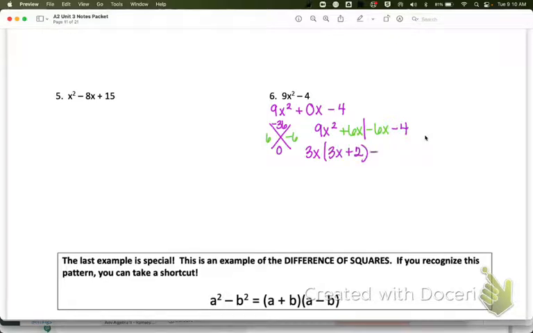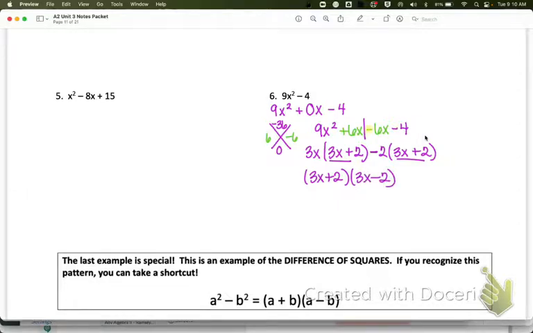Out of the second one, I know it needs to be negative because it starts with a negative. And I could divide out a 2 from each of those. So if I divide out a negative 2, I'm going to get positive 3x and a positive 2. Now I divide out my common factor and I get 3x plus 2 times what's left, which is 3x minus 2.